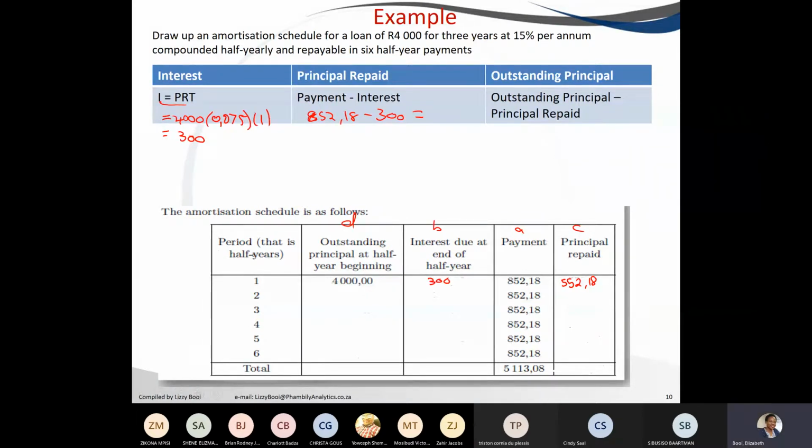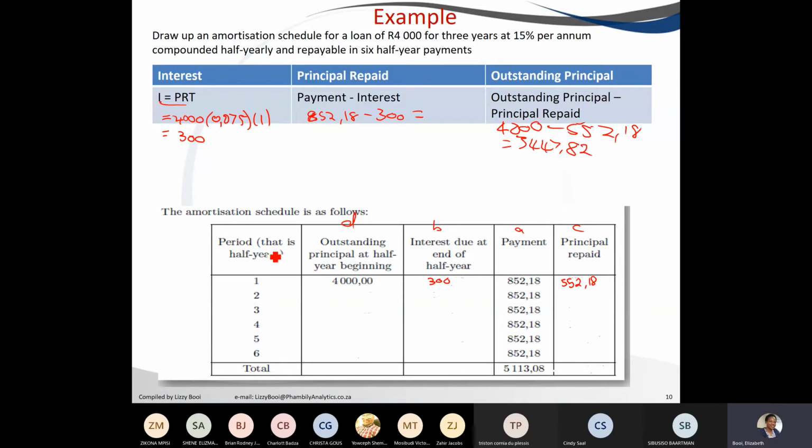Now we need to calculate the closing balance, which is the closing balance of payment number 1, and that we get by saying 4,000 minus 552.18, which gives us 3447.82.